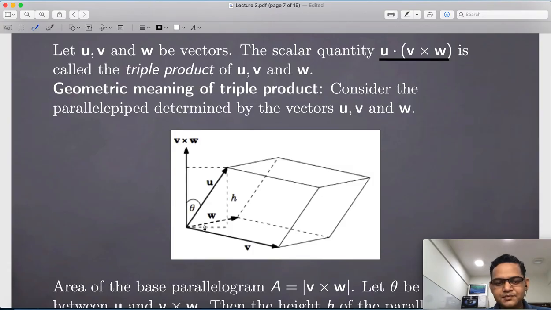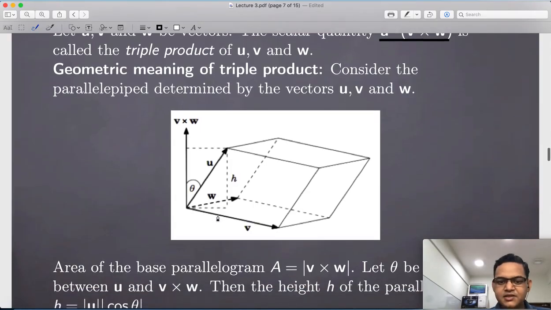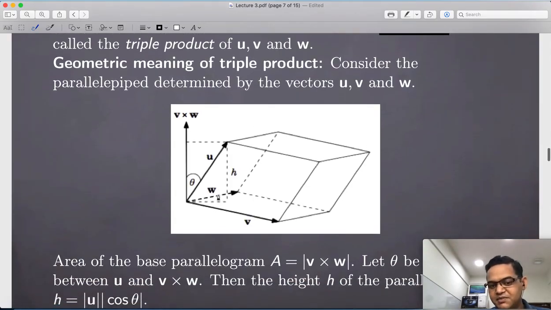Now what we need to see is v cross w. From our previous discussion, v cross w is going to be this vector, because it is orthogonal to v and w both, isn't it? And it is going to give me the area of this base parallelogram.